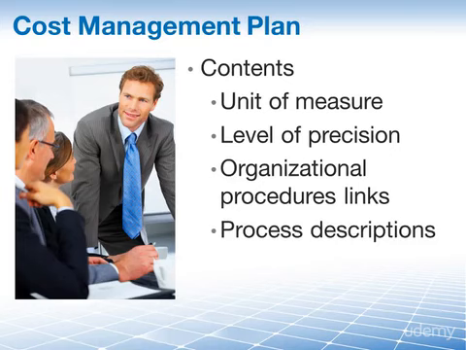And we also have process descriptions. The cost management plan may have specific information on the budgeting process that must be followed for this particular project. Overall, we can see that the cost management plan serves as a critical input to this process as it contains many details relevant to budgeting.